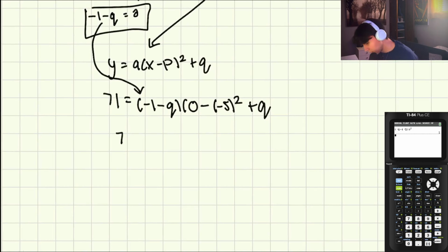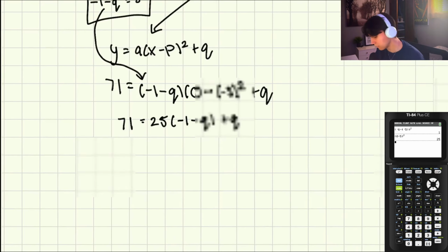So now we can isolate for q. So we have -1 minus q, and then 0 minus -5 squared gives us 25. So 71 equals 25 times (-1 minus q) plus q.